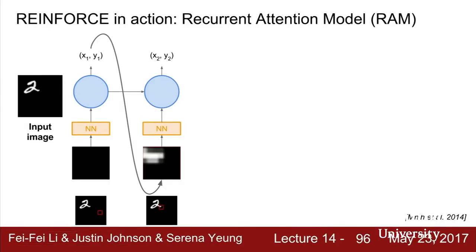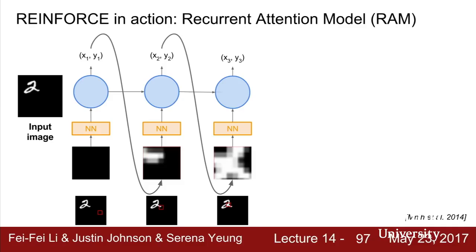So we pass this through, again, our neural network layers, and then also through our recurrent network, right, that's taking this input as well as the previous hidden state. And we're going to use this together. This is representing our policy. And then we're going to use this to output our distribution for the next location that we want to glimpse at.